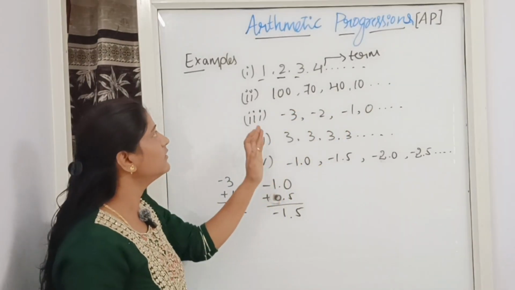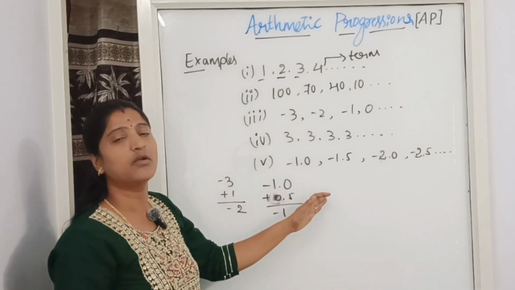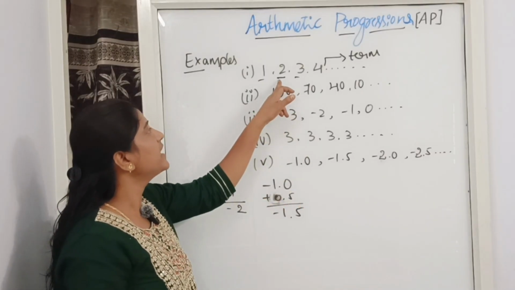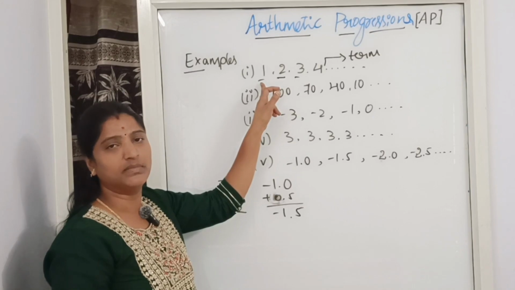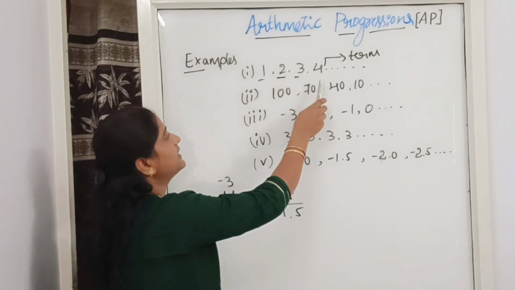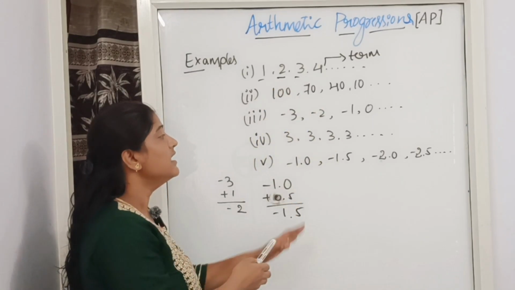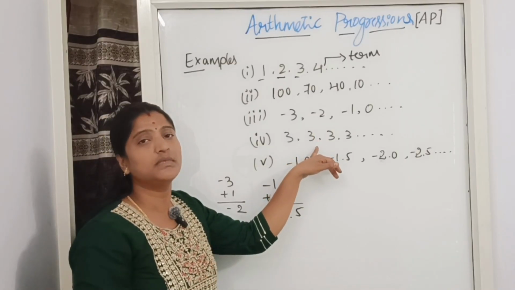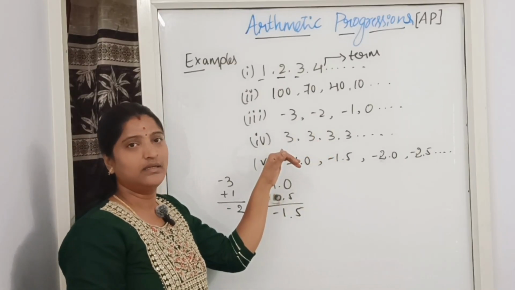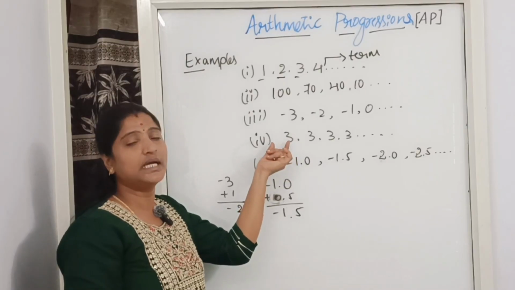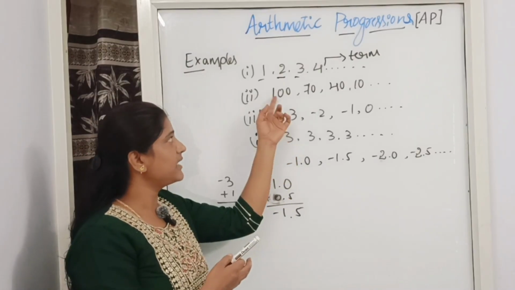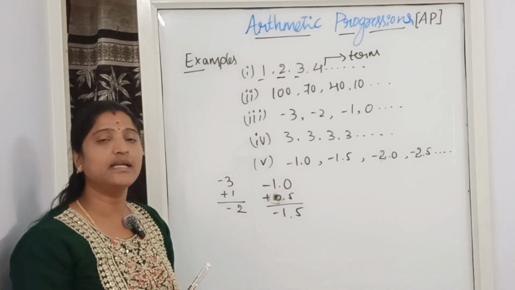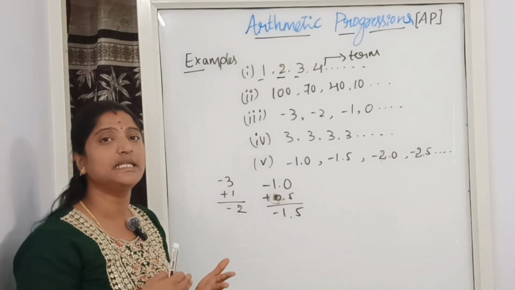So here we can conclude that each successive number is obtained by adding a fixed number to the preceding number. Is it not? Each term, the succeeding term, is obtained by adding a fixed number, either adding or subtracting. Here also we did subtracting, right? Adding or subtracting a fixed number to the preceding number.